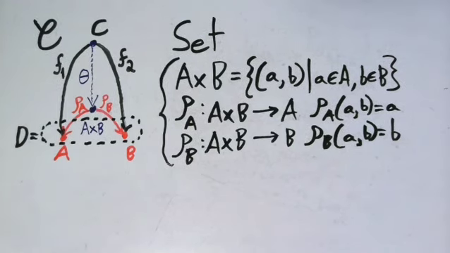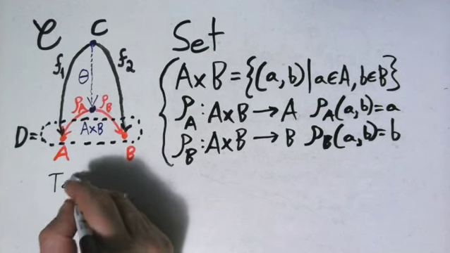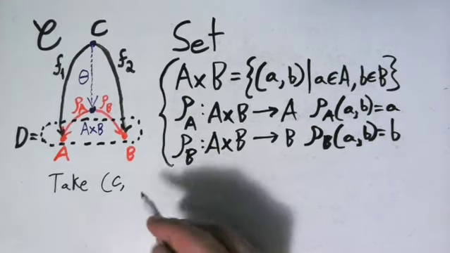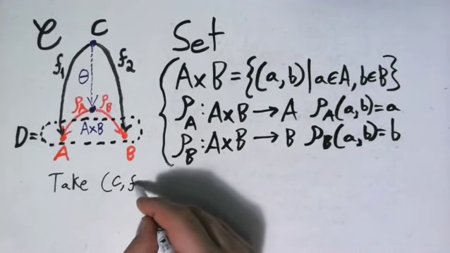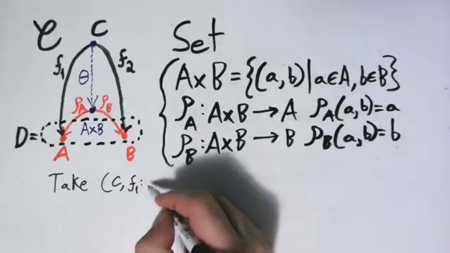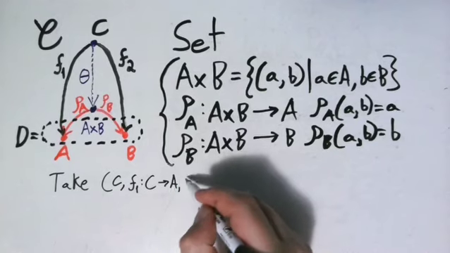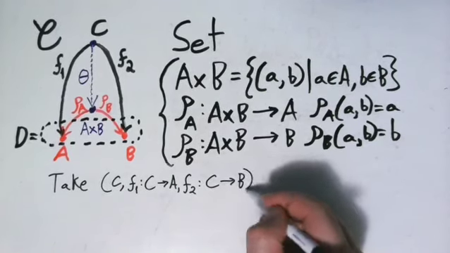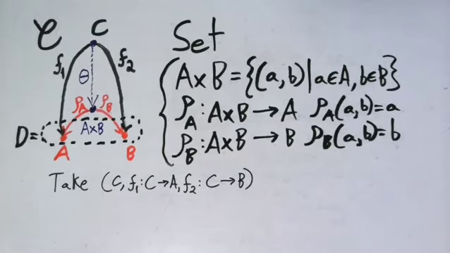What do we need to do to check? We need to take some other cone, C, with f1 going from C into A, and f2 going from C into B. And we need to determine if we can find a theta for this cone.